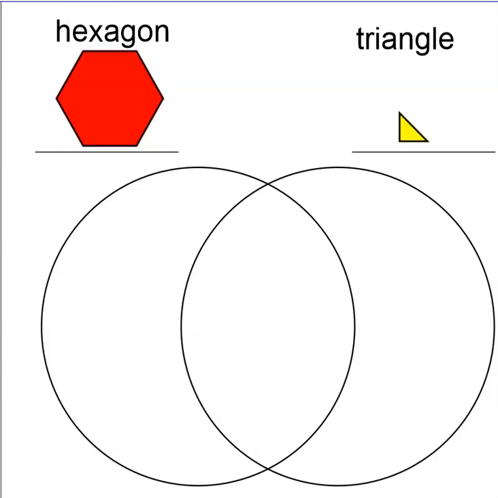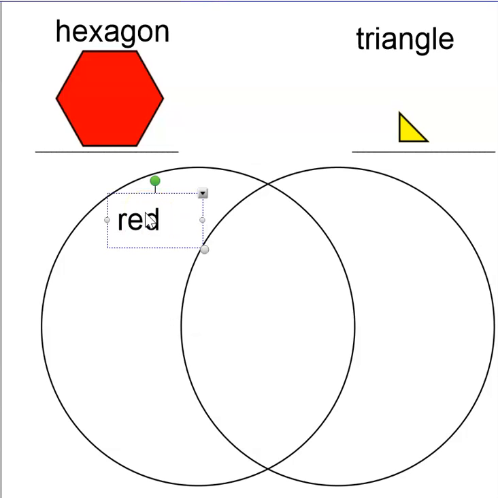Okay, so a hexagon, let's look at the shape, and what do you notice about the color of this one? That's right, this one is red. Is that similar to the triangle or is it different? Yes, it is different, isn't it?